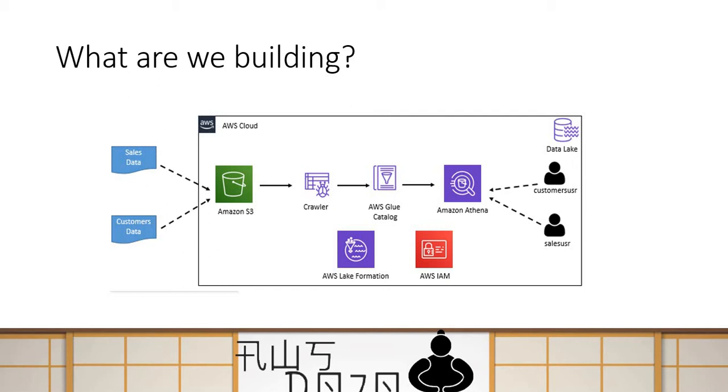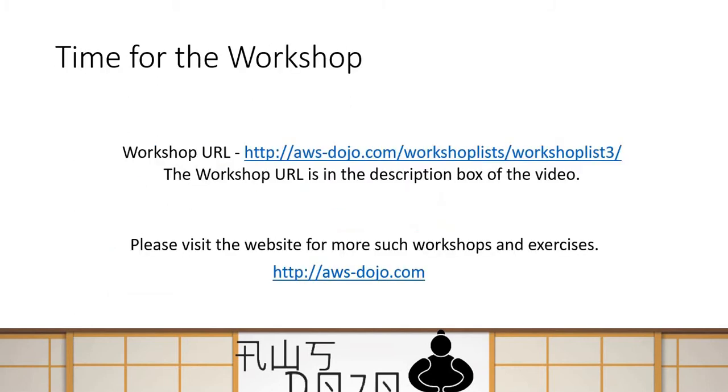In order to perform this workshop, we have a workshop created at our awsdozo.com website. We will soon navigate to that website, but you can find the link in the description box below.